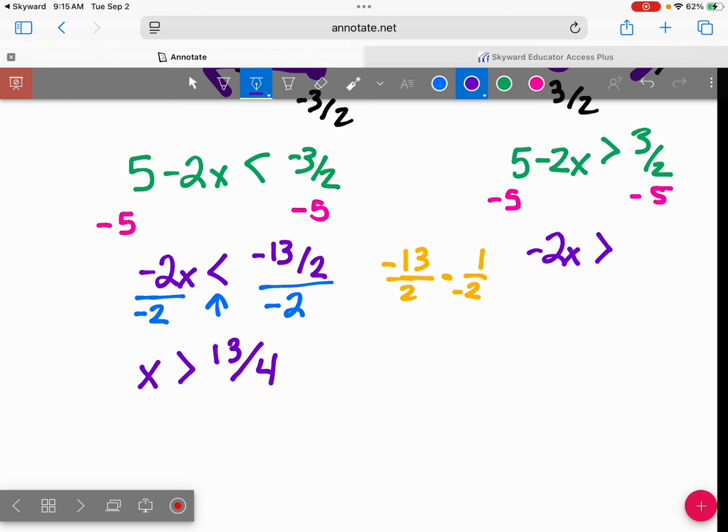We get our -7/2. And then we divide by our -2 again, making sure we switch our sign. And we're going to have our x is less than 7/4.